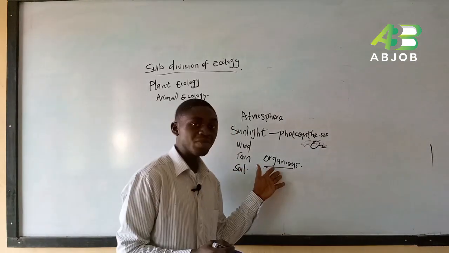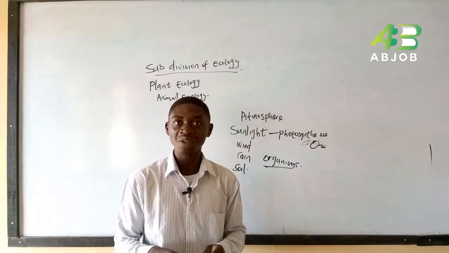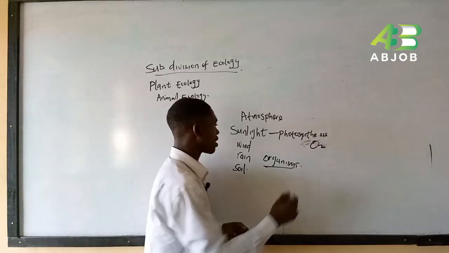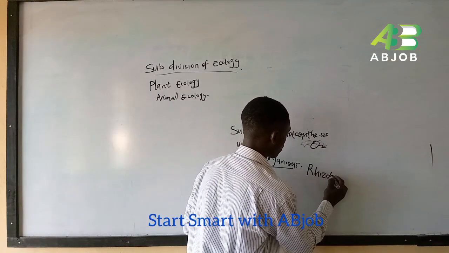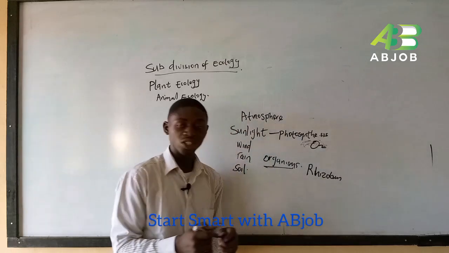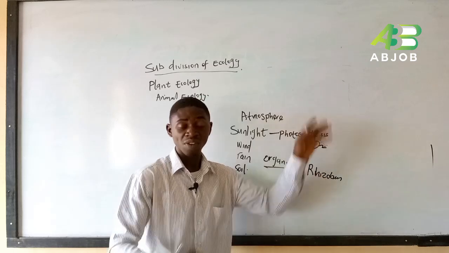There are some organisms in the soil which help the plant to grow very well. Some of them is rhizobium, that helps most of the leguminous plants to grow very well.